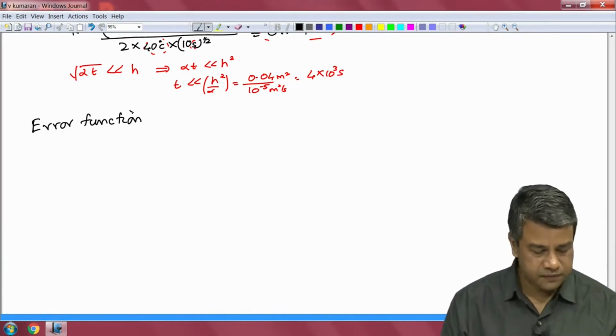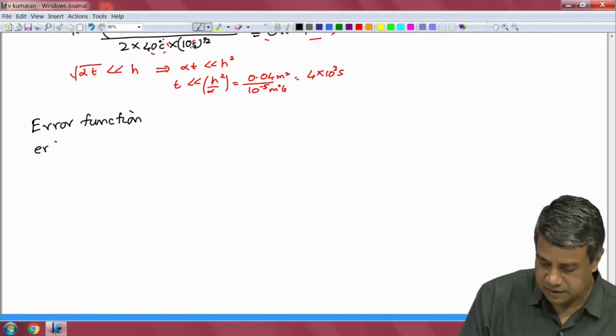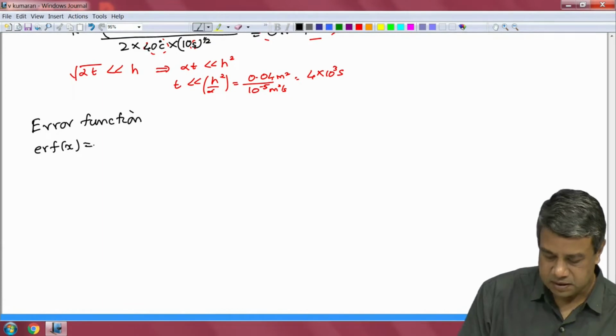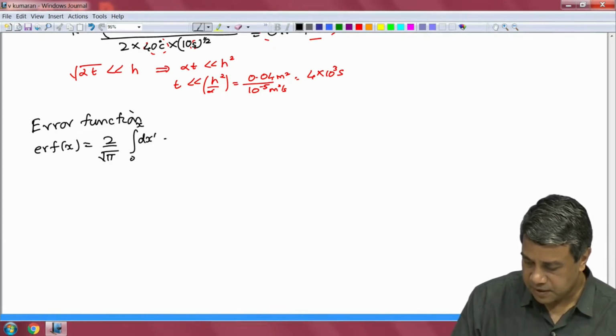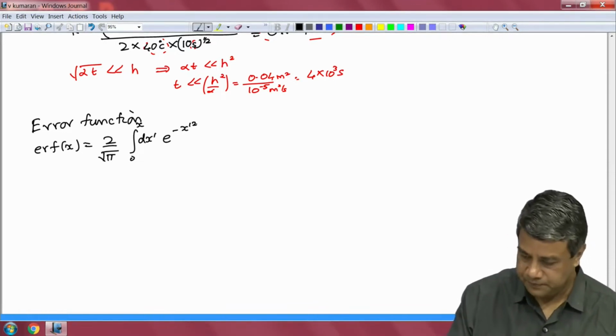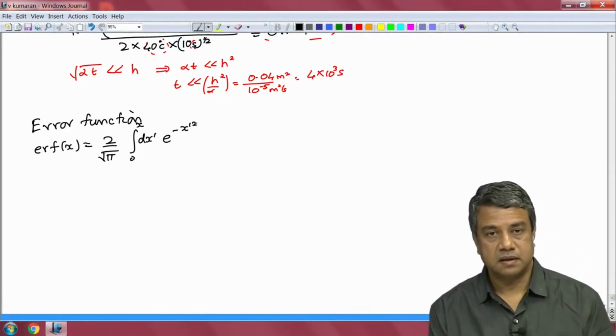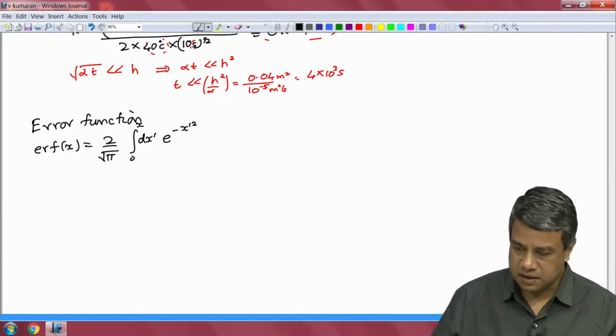The error function is formally defined as error function of x is equal to 2 by root pi integral 0 to x dx prime e power minus x prime square, where x prime is the variable of integration, the dummy variable.